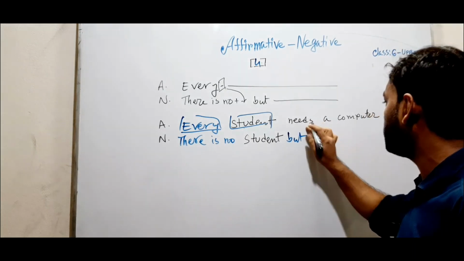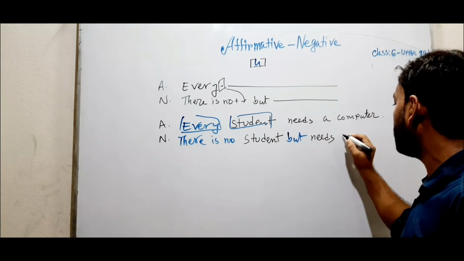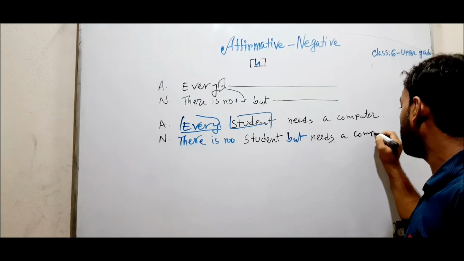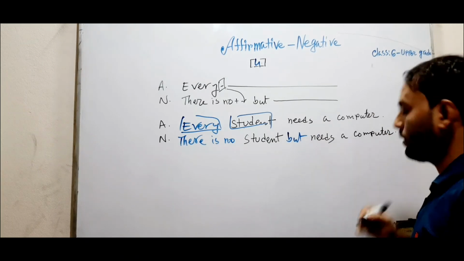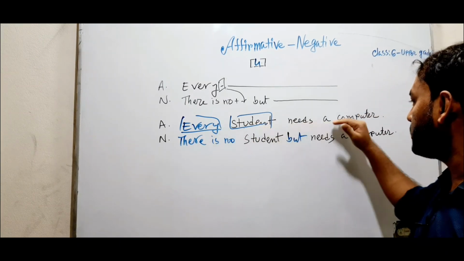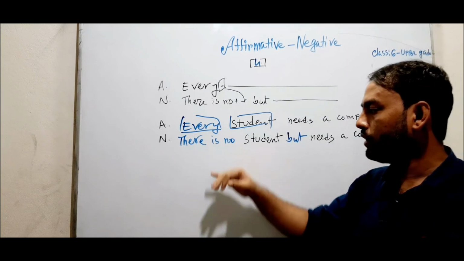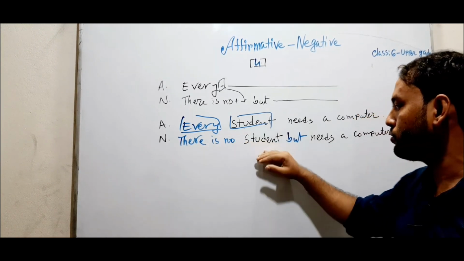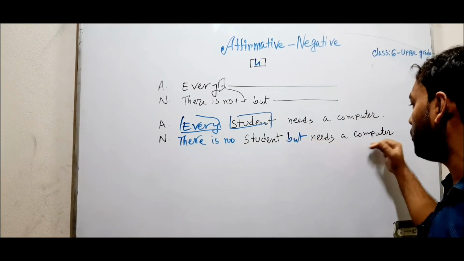The rest of the sentence is needs a computer. We will write needs a computer. Every student needs a computer. The negative sentence is: there is no student but needs a computer.